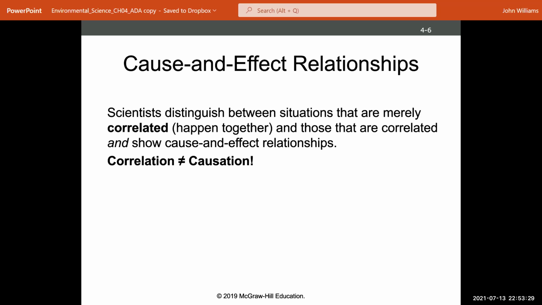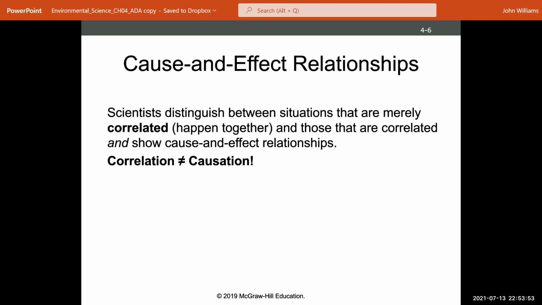Now, in the first slide, I mentioned kind of this cause and effect relationship. So the wood burning stoves causing pollution. Now, we can distinguish between situations that are correlated, meaning they happen together, and those that are correlated and actually show a cause and effect relationship.